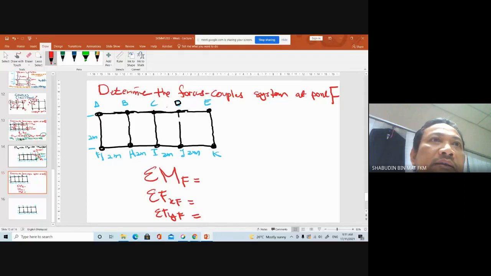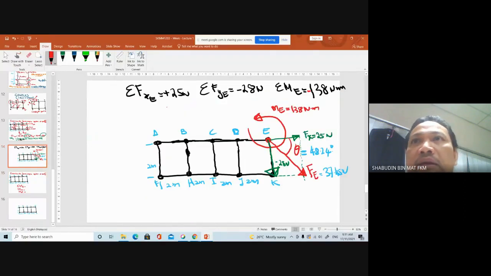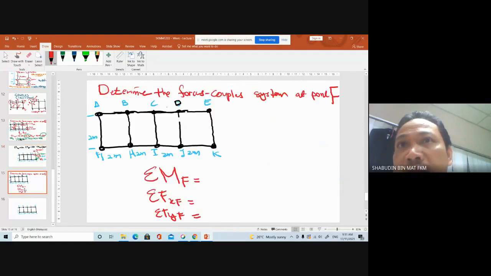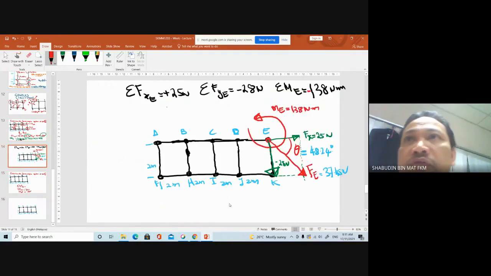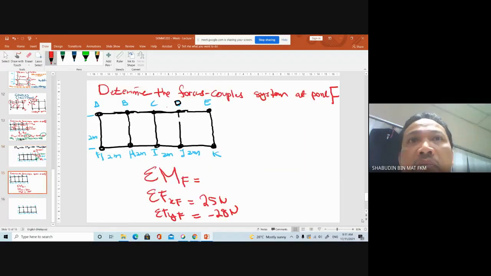Here Fx is 25 Newton and Fy is negative 28 Newton. Am I right? Okay, get the moment at point F. Tell me what is the moment at point F.